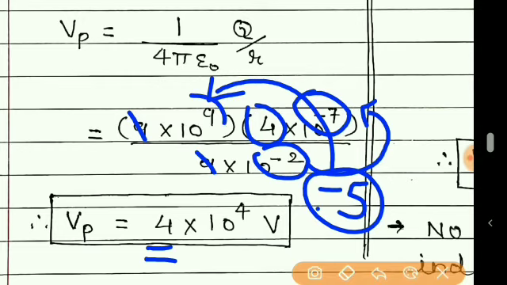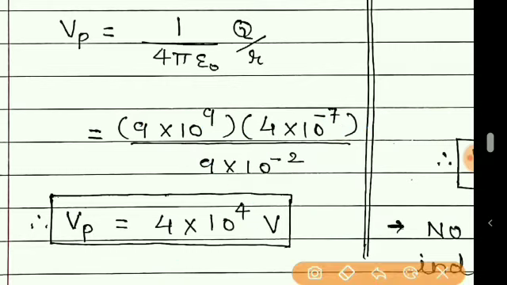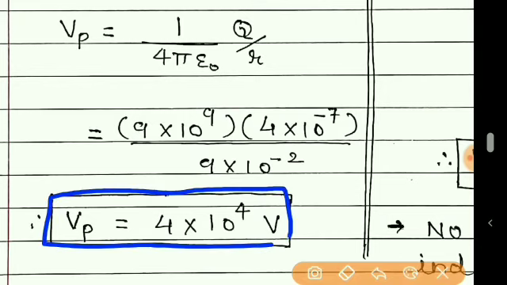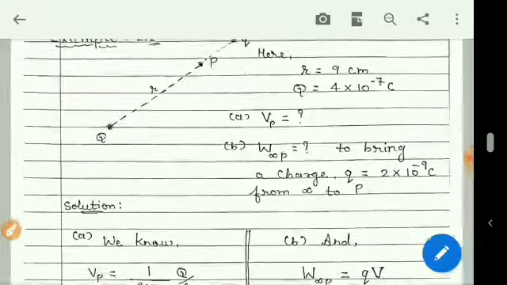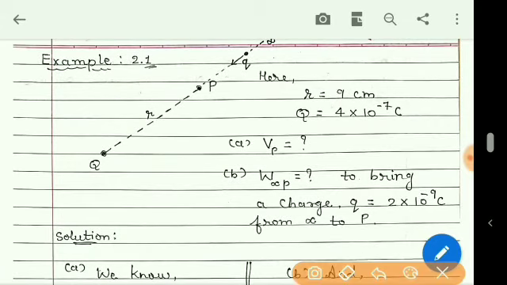So 9 minus 5, consider only powers, is equal to 4, and so the final answer is 4 into 10 raised to minus 4 volt is the potential at point P due to this charge q at a distance r.